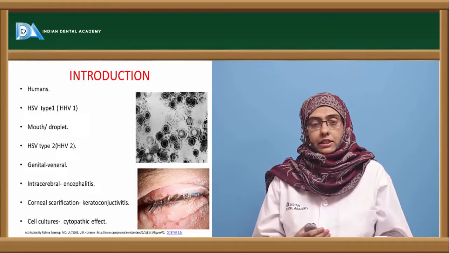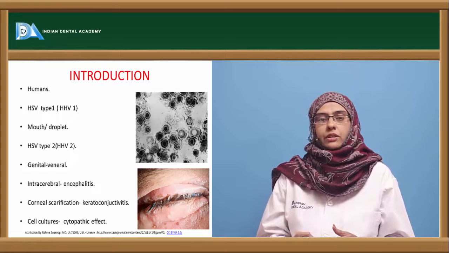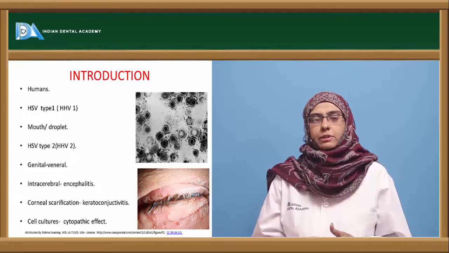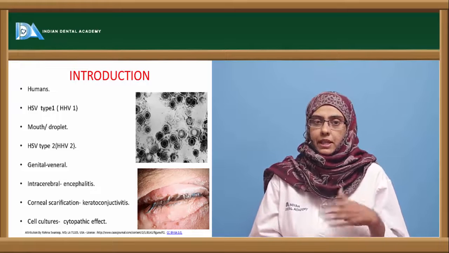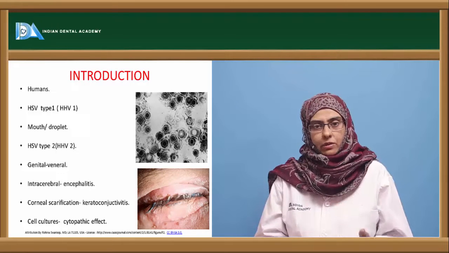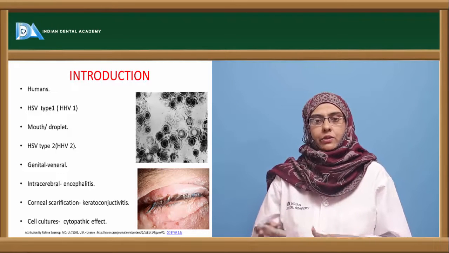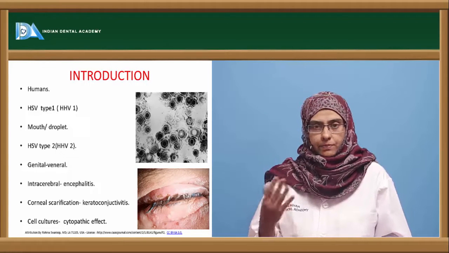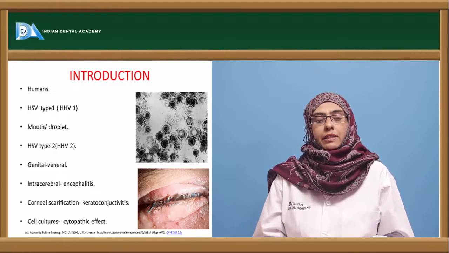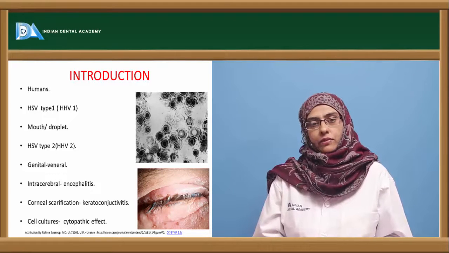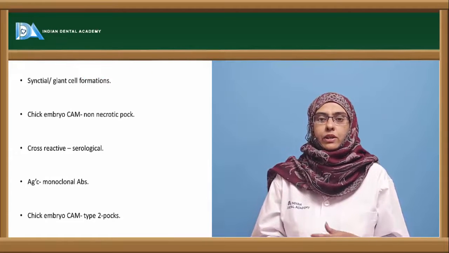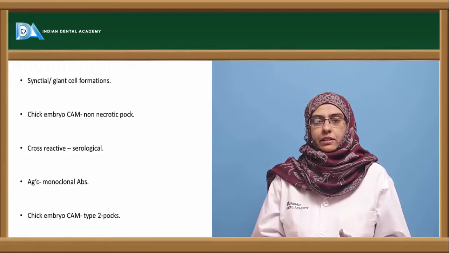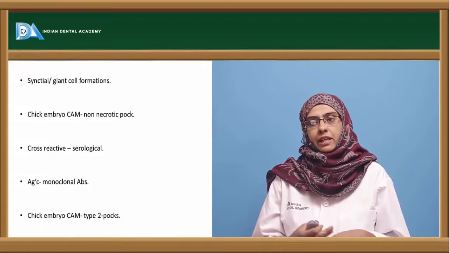When this disease was induced in experimental animals, it was seen that this organism is able to produce intracerebral encephalitis and also, on corneal scarification, keratoconjunctivitis, ultimately leading to blindness in the experimental animals. In cell culture, you can identify the growth of the organism by multinucleate giant cell or syncytial formation, and the cytopathogenic effect produced by these organisms is very rapid.